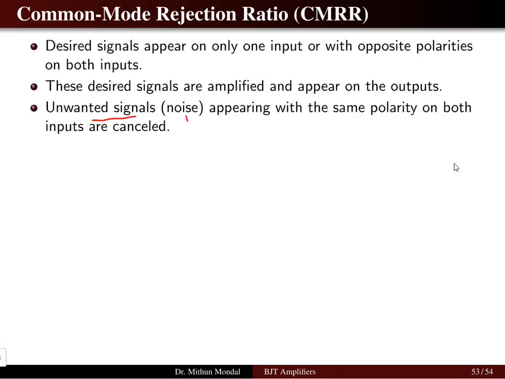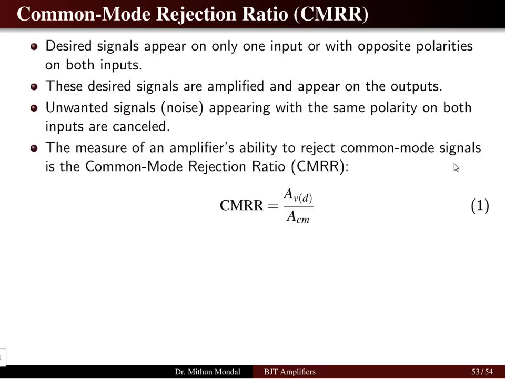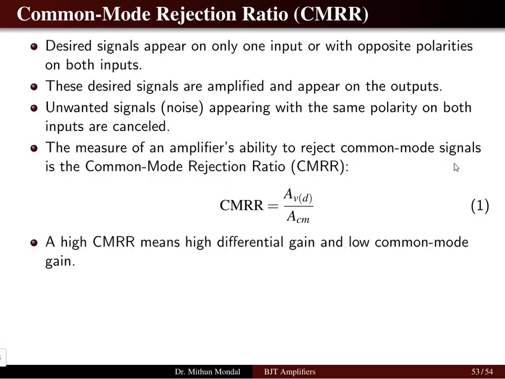Unwanted signals in the form of noise appearing with the same polarity on both inputs cancel each other. Hence, the measure of an amplifier's ability to reject the common mode signal is known as the common mode rejection ratio. It is basically the ratio between the differential gain and the common mode gain.